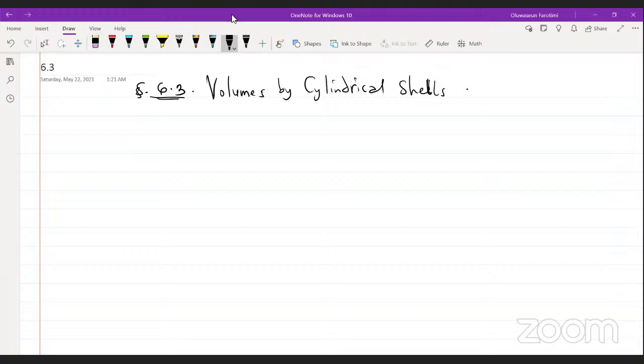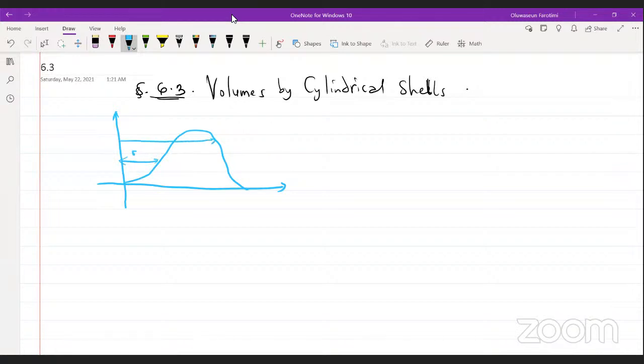Let me just make a sketch. So suppose I have a curve looking like this. So this is just a single curve. Suppose this is what you call the big R. This curve is given by y equals 2x squared minus x cubed.